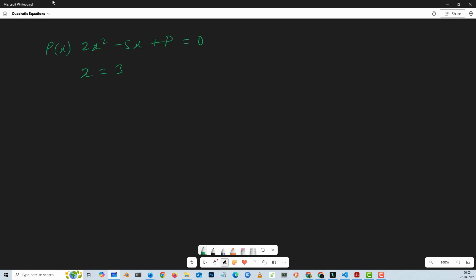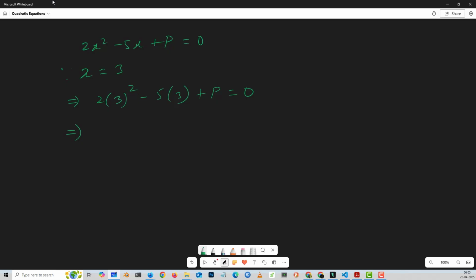Since x equals to 3, therefore it implies 2 into x square. Instead of x square we will replace the value of x, which is 3. Then 5 into x, we will replace the value of x by 3, plus p. Value of p is not known, we have to find that.